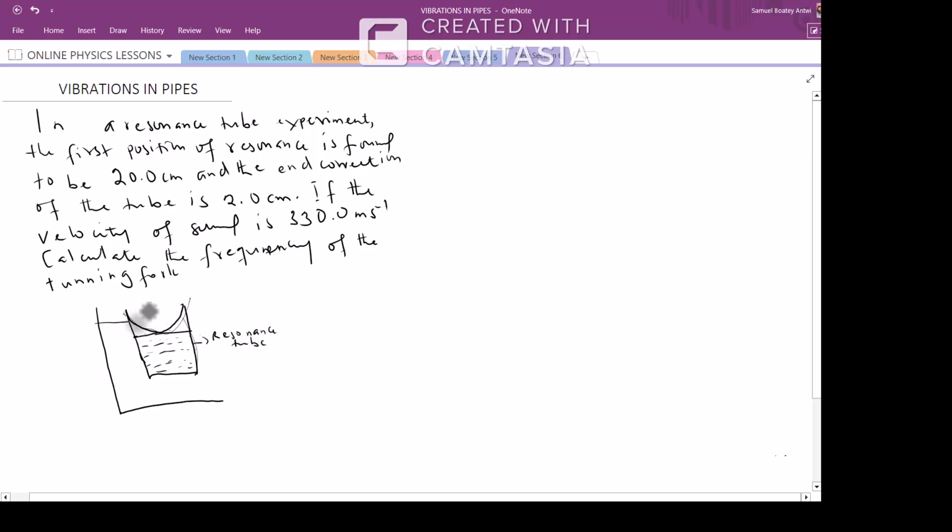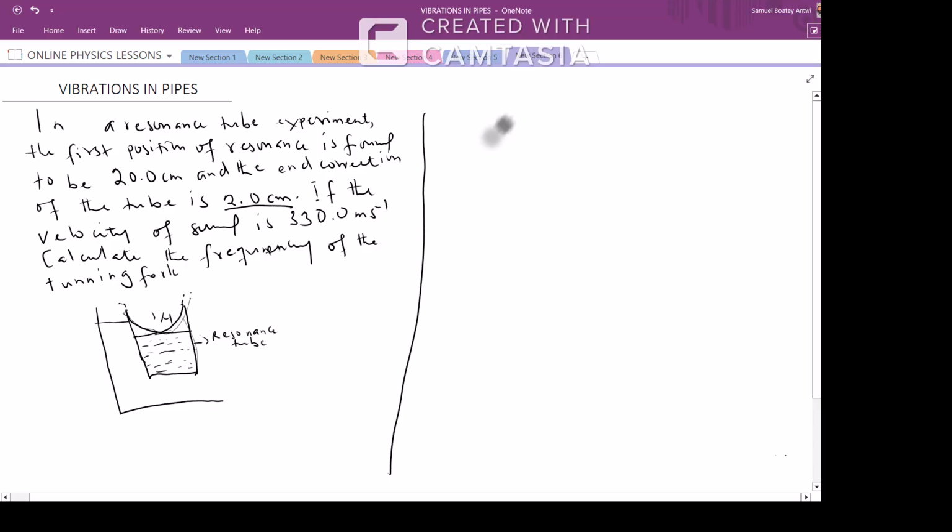You know this wavelength is 1 over 4. So our first position of resonance is our fundamental frequency. This is practical in nature. When the question adds end correction, you take it into account. When end correction is not given, then you can neglect it.